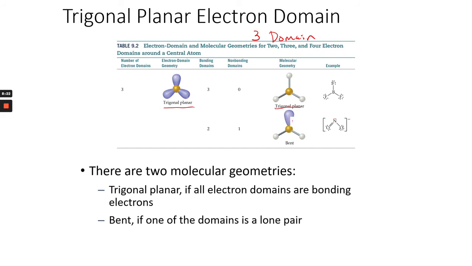But if one of those is actually a lone pair, so you don't see it, you can put your finger over the lone pair, this shape is now called bent. So for 3 domains, there are 2 possible shapes: trigonal planar if it's all bonded, or bent if you have 1 lone pair.